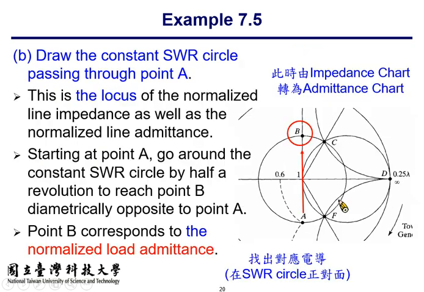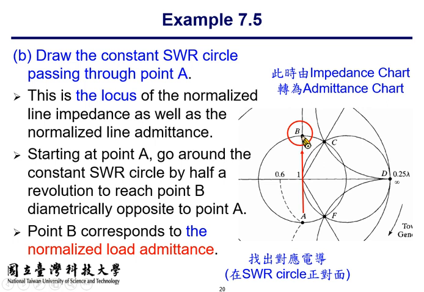So the first thing, because we are going to do single stub matching, it's more convenient to work on the Y chart. So we need to convert the impedance of 0.8 into admittance of 0.8, YA. And we can do that by taking the opposite position on the constant SWR circle, that is point B.